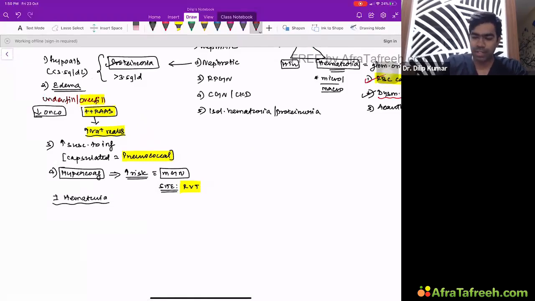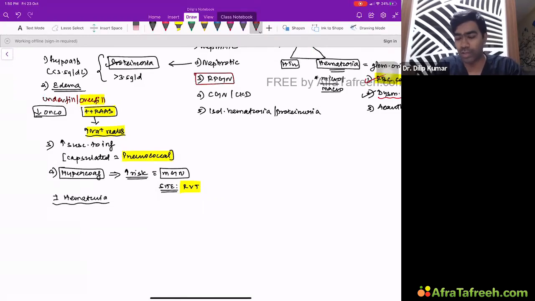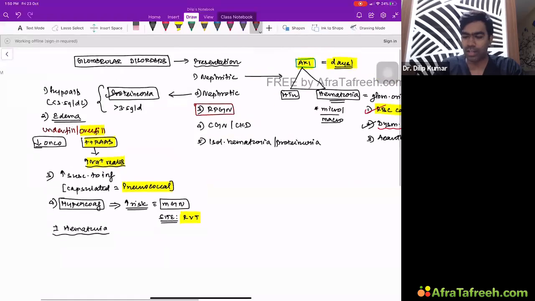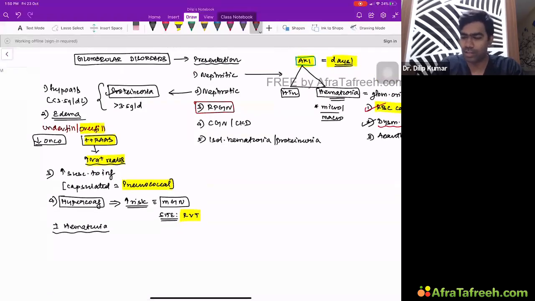Ultimately, what do you mean by RPGN? Can anyone tell the exact definition of a rapidly progressing glomerulonephritis? It's different. We know that acute kidney injury or acute glomerulonephritis happens in a few days, whereas a chronic glomerulonephritis or chronic kidney disease happens in a few months. The typical definition is 3 months, which we'll be discussing after some time.